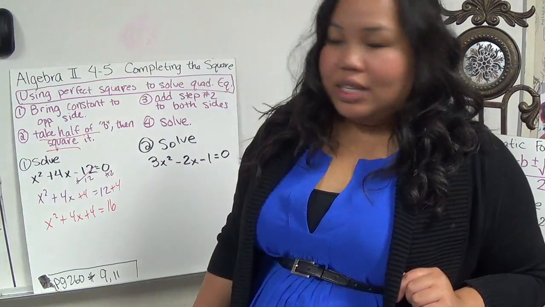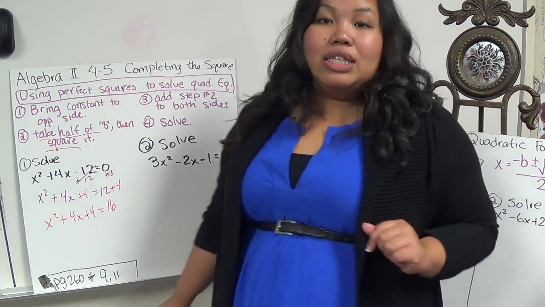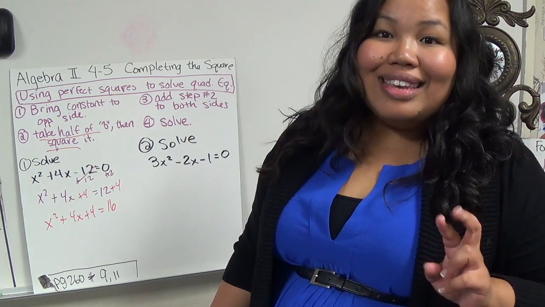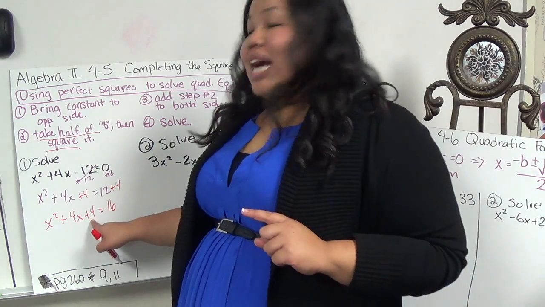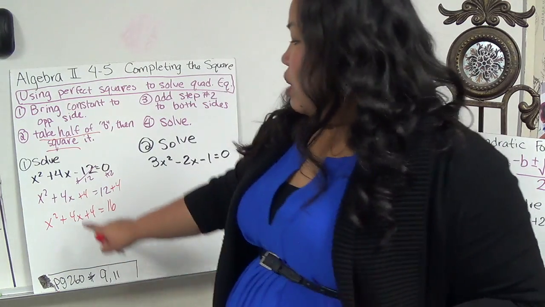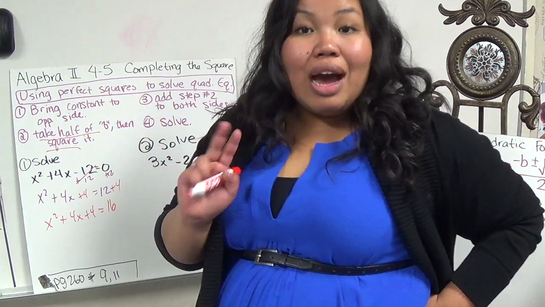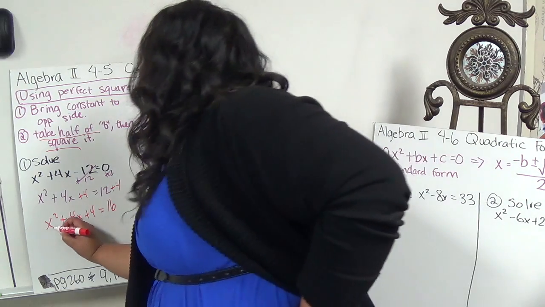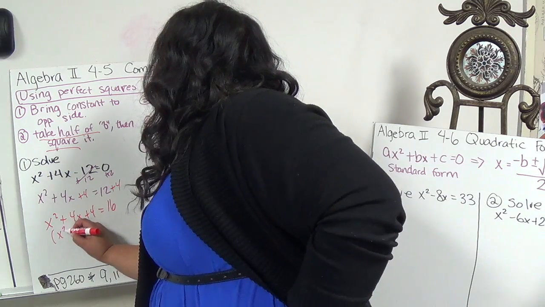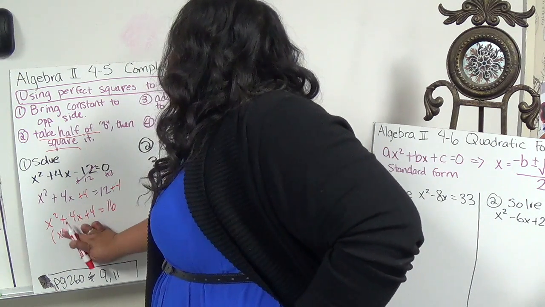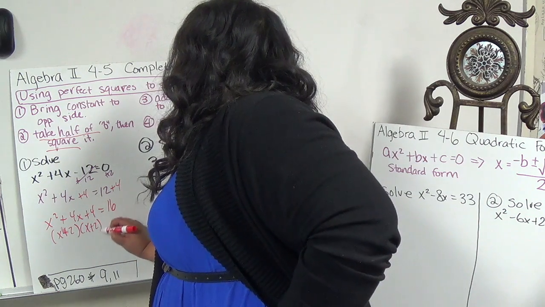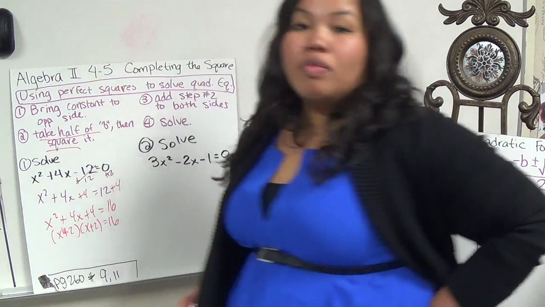Now watch what it does. Remember when we were factoring, two numbers when multiplied together get me the last number, but when added together get me the middle. So 2 times 2 gets me 4, and 2 plus 2 gives me 4. What that gives me is x plus 2 and x plus 2 equals 16.